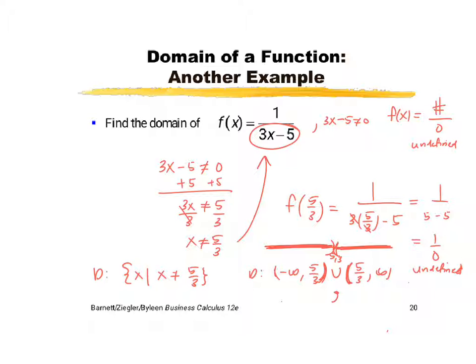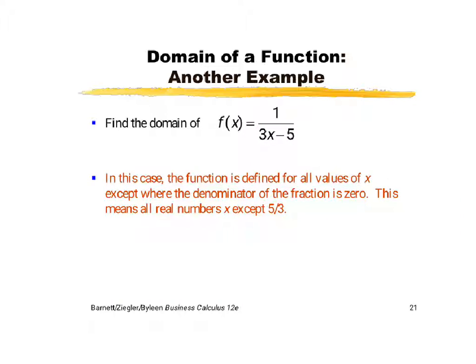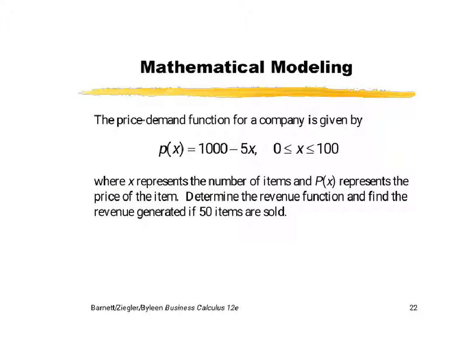Okay, so those are our two different ways to represent the domain of this rational function. Okay, so it says here the function is defined for all values of x except for where the denominator of the fraction is 0. This means all real numbers x except for 5/3.